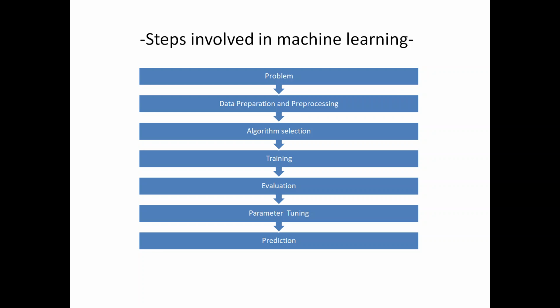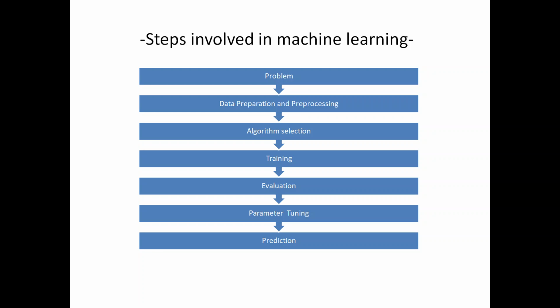The next step is training. Now we train our model on our dataset. After the training, we evaluate our model, to see how efficient our model is. In this, we calculate the loss or the error of our model.